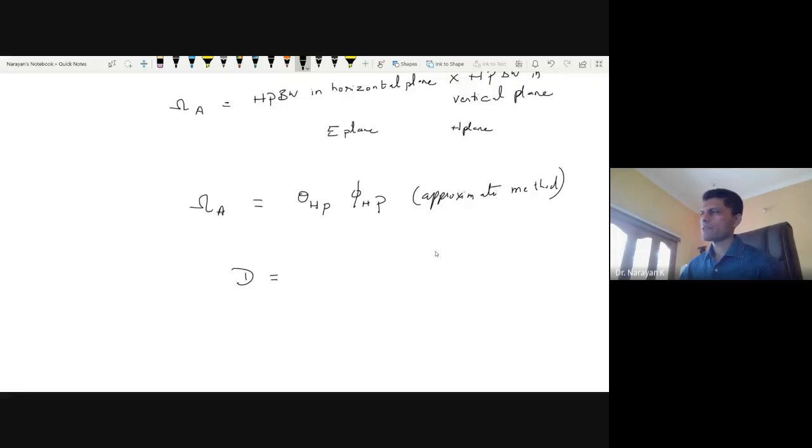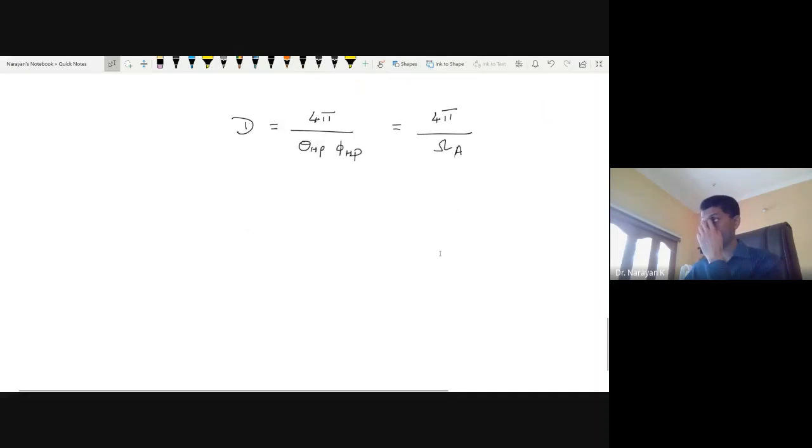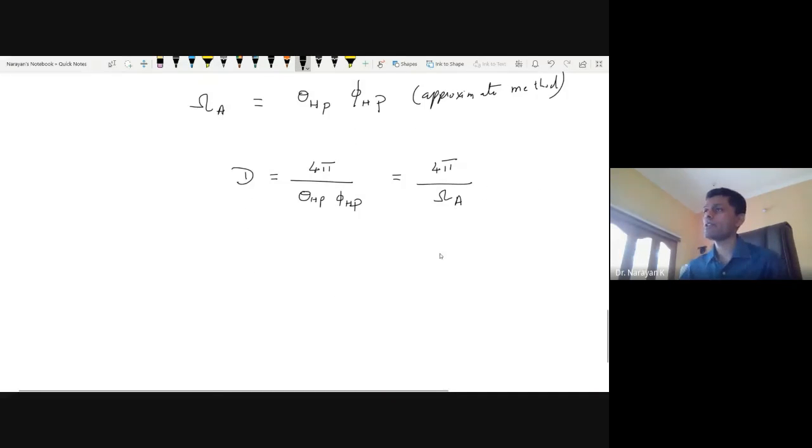So directivity is given by 4 pi divided by theta of HP into phi of HP. So this is how you relate directivity and beam area, since theta of HP into phi of HP is nothing but your beam area: 4 pi divided by beam area. Now this is in radians. We will convert into degrees.